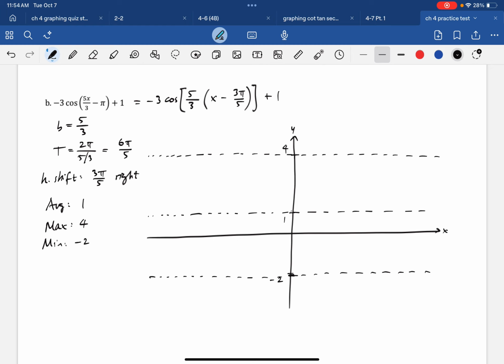So each period is 6 pi over 5. So I'm going to draw one period to the right and one to the left. Then I'm going to draw the quarter tick marks. Now 1/4 of 6 pi over 5 is just 3 pi over 10. So here is 3 pi over 10, here is 3 pi over 5, and then here is 9 pi over 10.